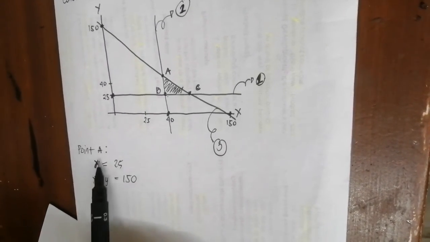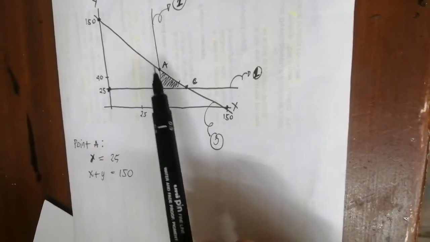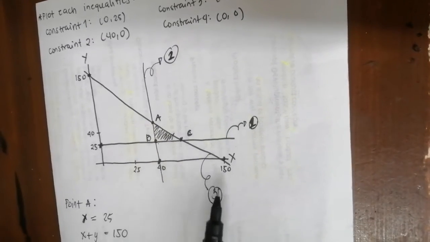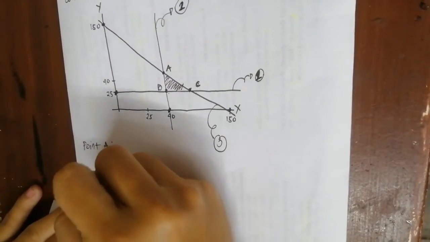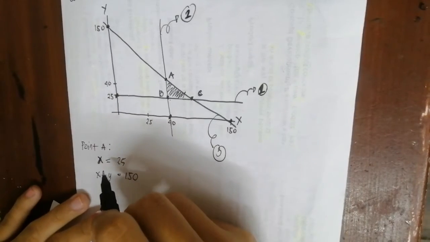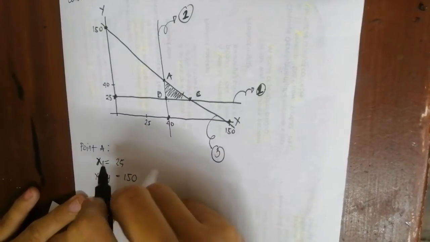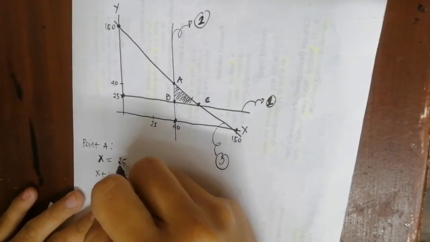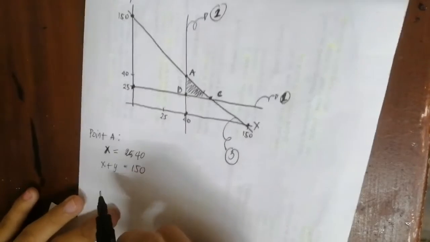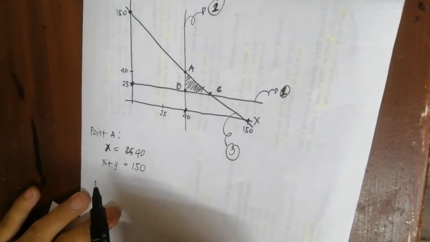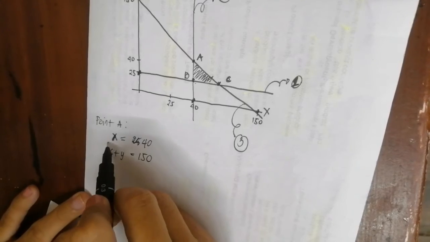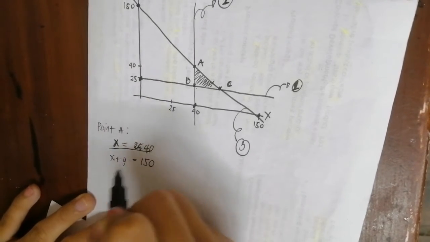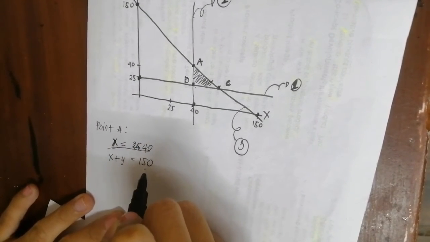So point A lies on constraint 2 and constraint 3. Constraint 2 is x equals 40, and constraint 3, x plus y equals 150. We will substitute x equals 40 into constraint 3.